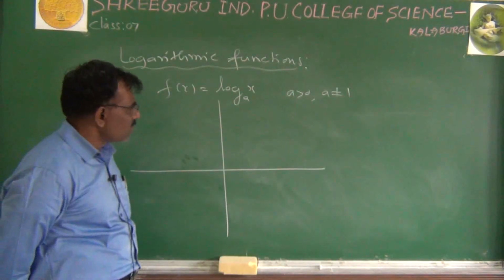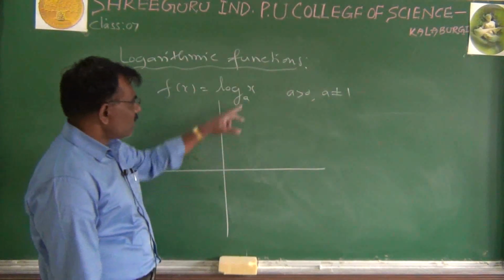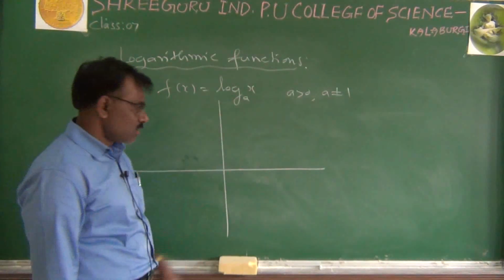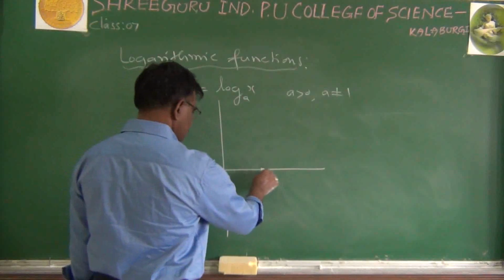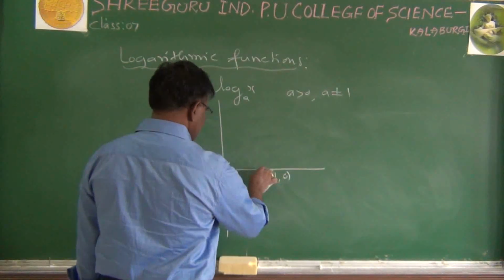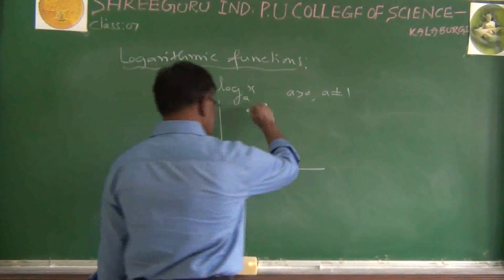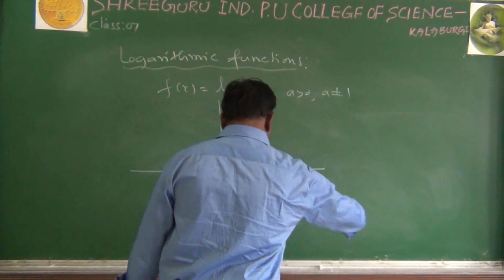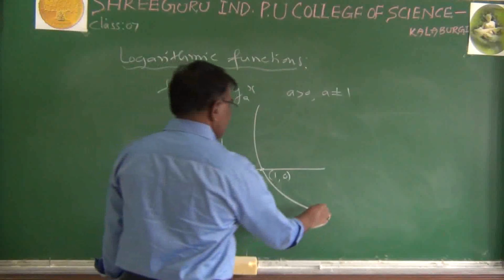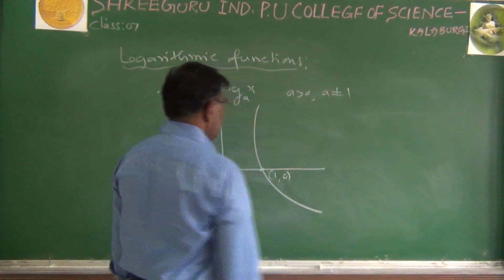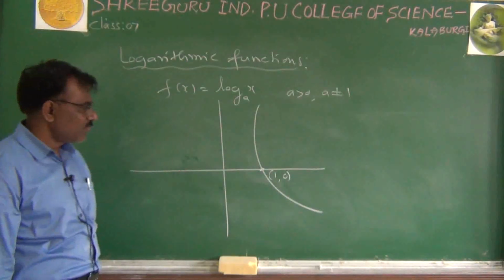So how does the logarithm function start? When x is 1, log 1, what is the answer? 0. So this point is 1 comma 0. This is the graph. Another graph is also the logarithm function, but both intersect at 1 comma 0.